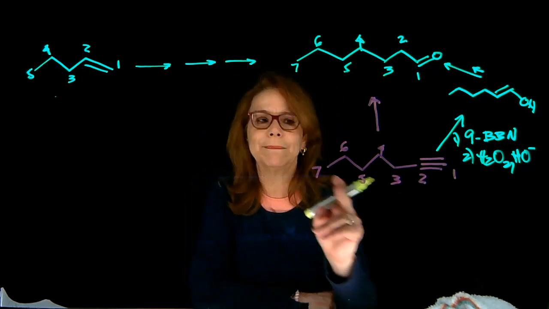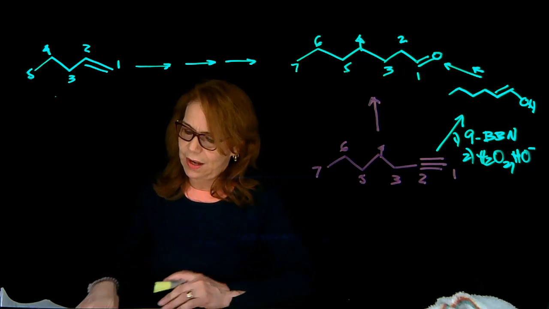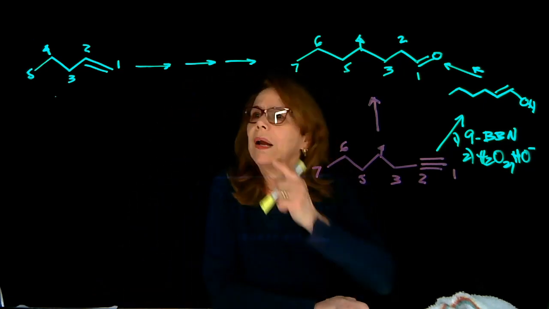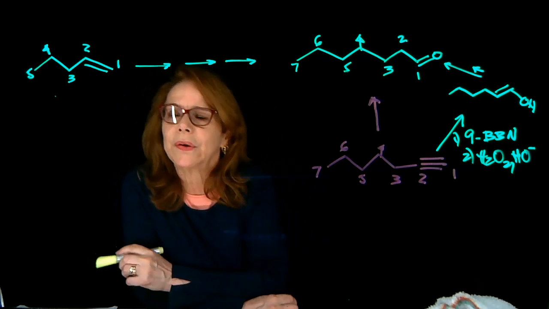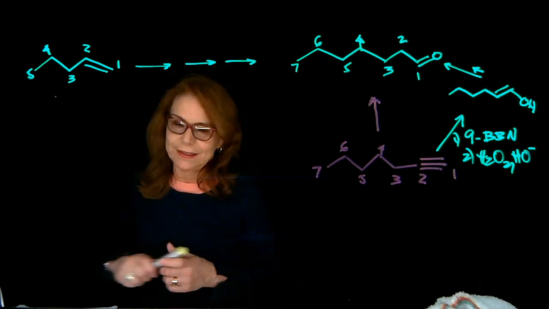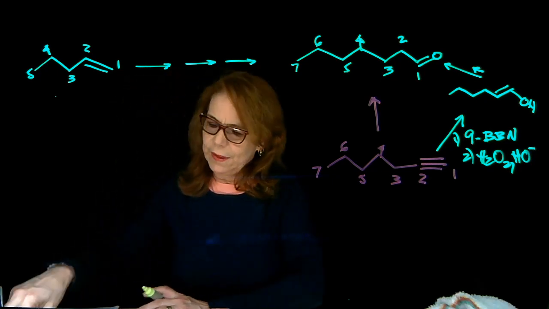So I have that point, but I need to keep going backwards. I need to add those 2 carbons to that chain. How do I do that? I could make an alkyl halide and then have the acetylide attack it.